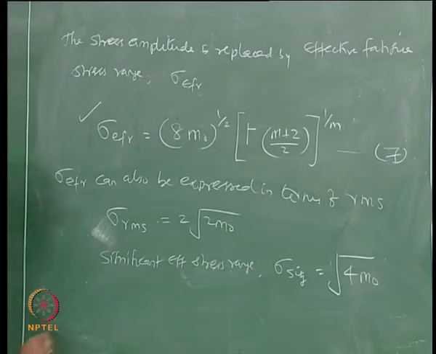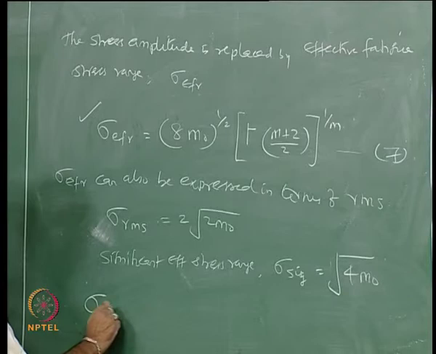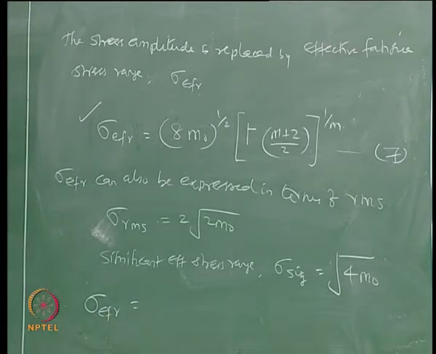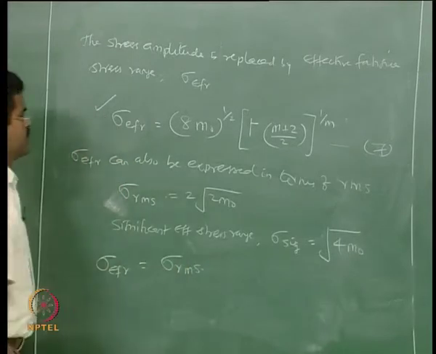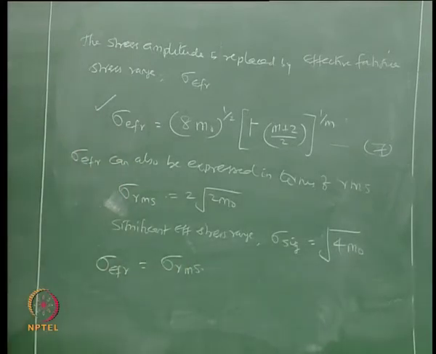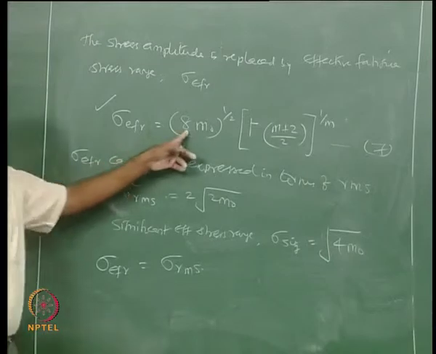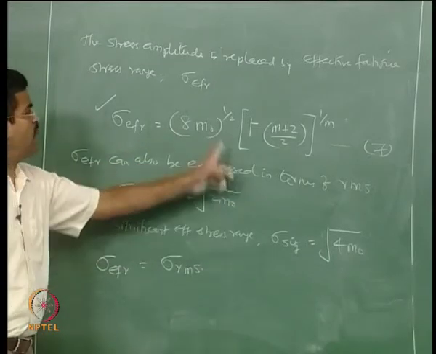So, therefore, I can write sigma EFR as sigma RMS. 8 can be 4 into 2, that is 2 root m2, okay, half is already there.